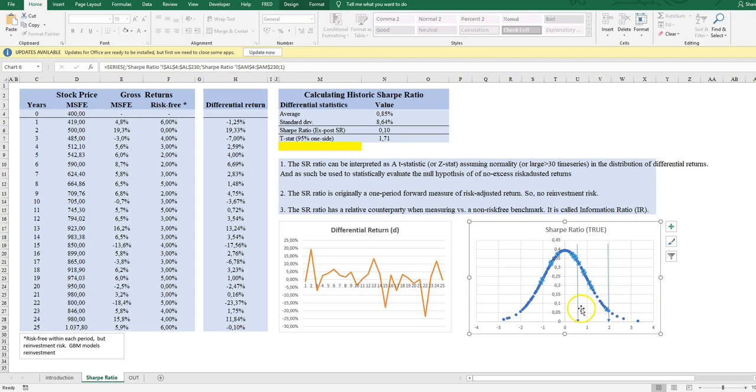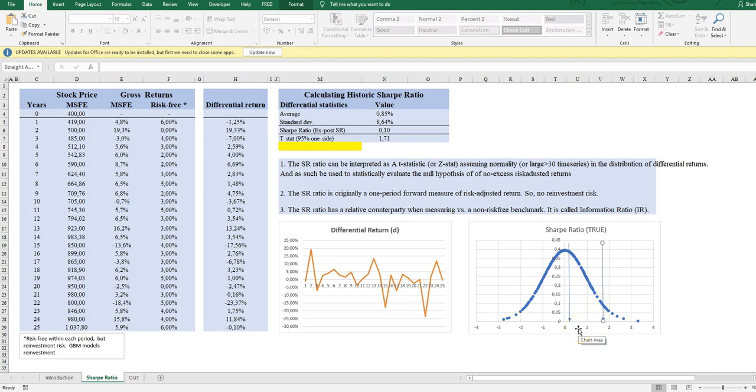So in this case, we have a Microsoft stock that has delivered a Sharpe ratio of 0.10. It's here. But the critical level that we assume in this case, where I have taken a 95% one-sided test, is here, 1.771.